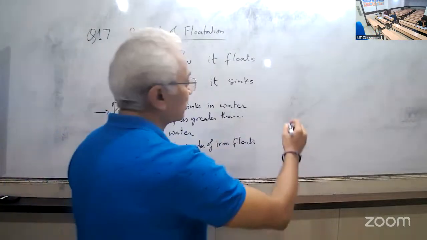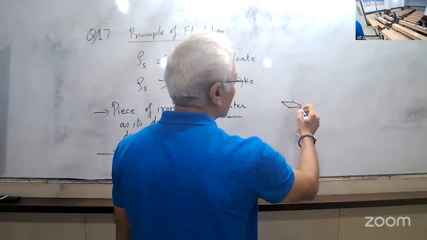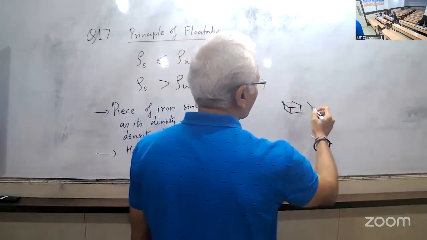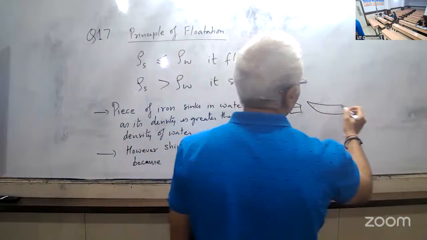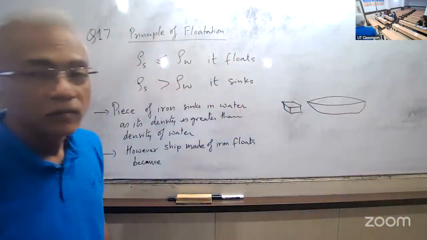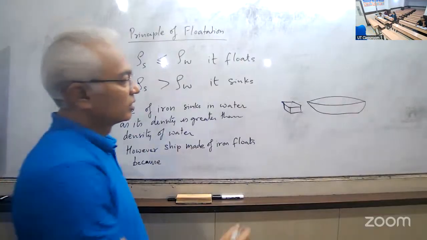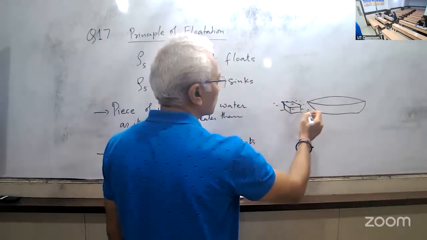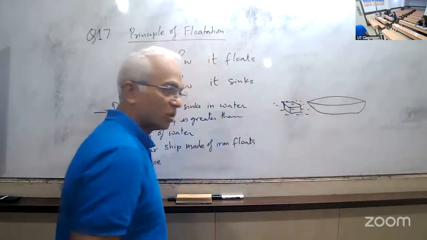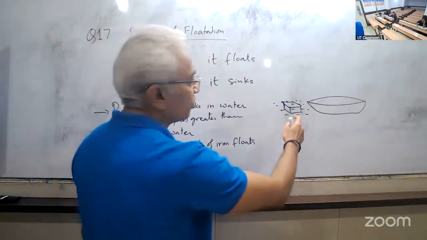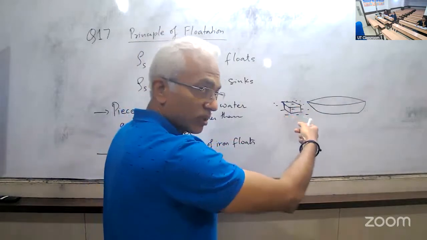So if you take a piece of iron block, and if you take a ship, what happens? When the iron block sinks in water, what is the upthrust on it? By Archimedes principle, it will be equal to the weight of liquid displaced by it.